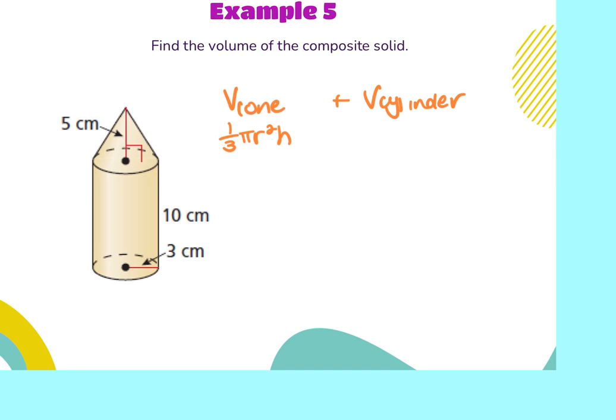And volume of a cylinder, pi r squared h. 1/3 pi, what's the radius on the cone? 3, it's the same as the radius on the cylinder. What's the height of the cone? Okay, so I'd get 1/3 pi times 9 times 5. 1/3 of 9 is 3, and 3 times 5 is 15 pi. So that's the volume of the cone.